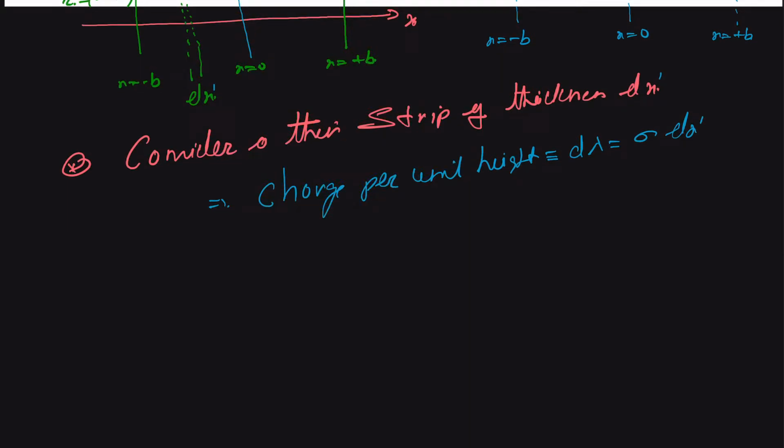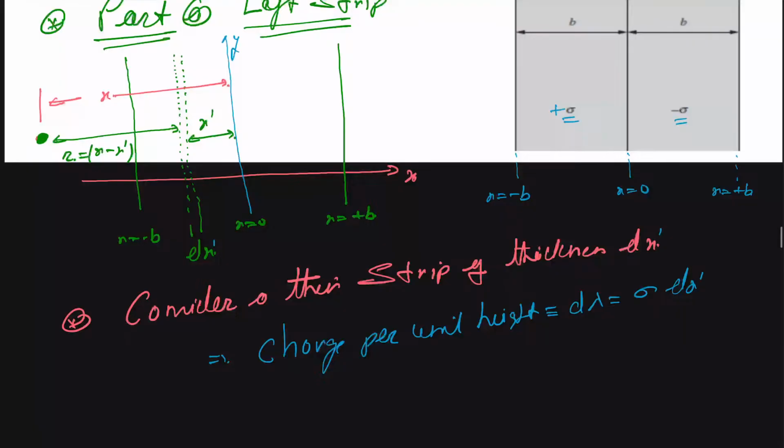Therefore we can find out the field because of this thin strip at the point x.